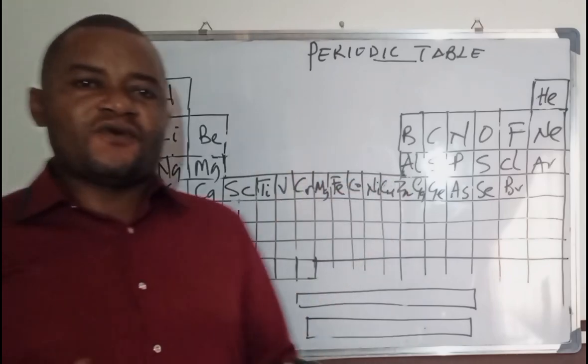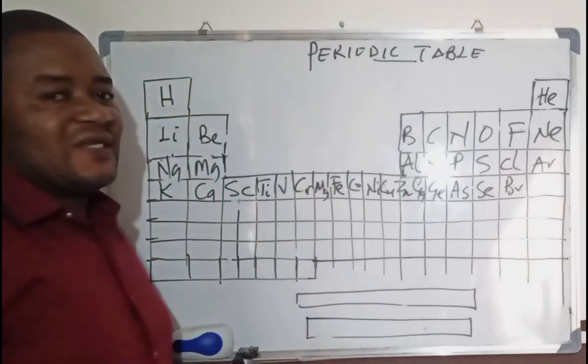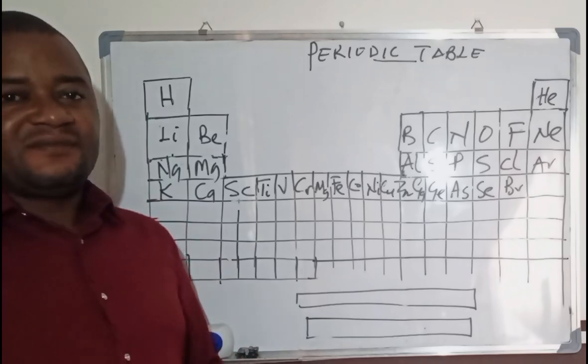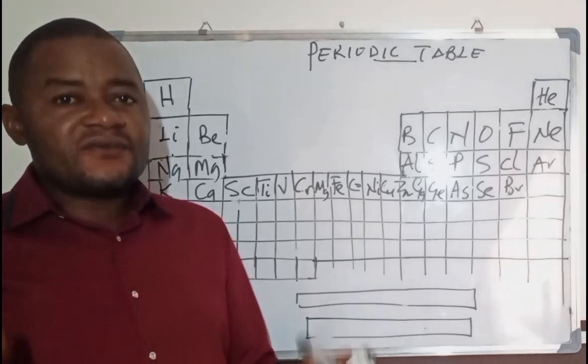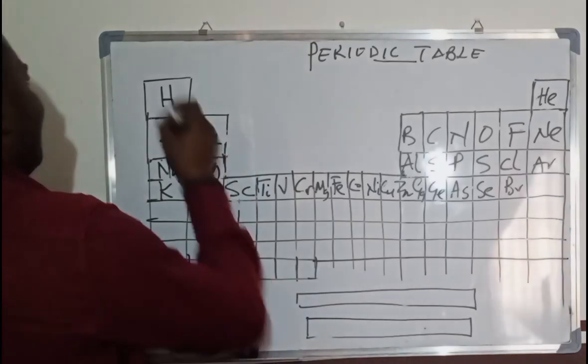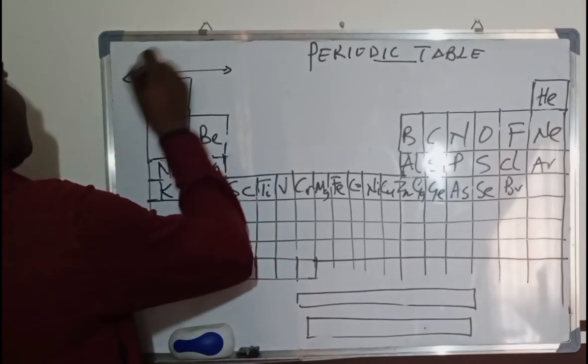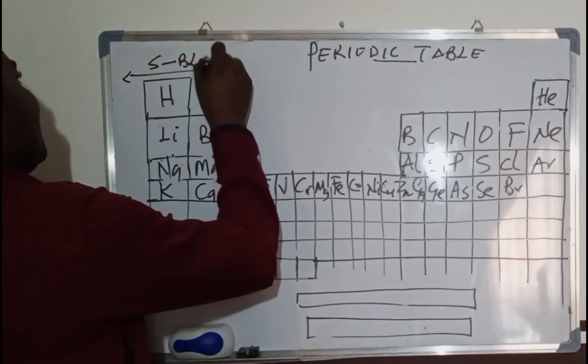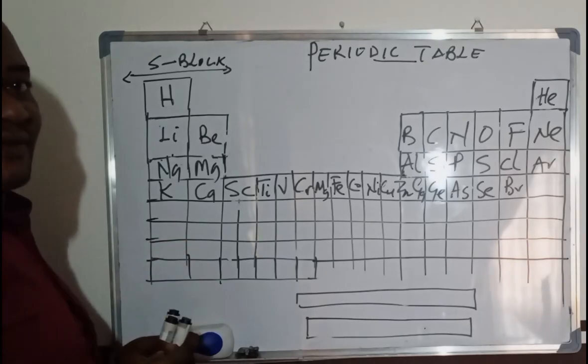Now it's interesting for us to know that the periodic table is divided into about 4 regions, and those regions can be seen here. The first region is the S block elements.